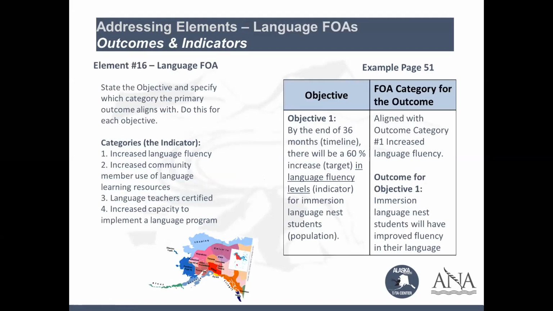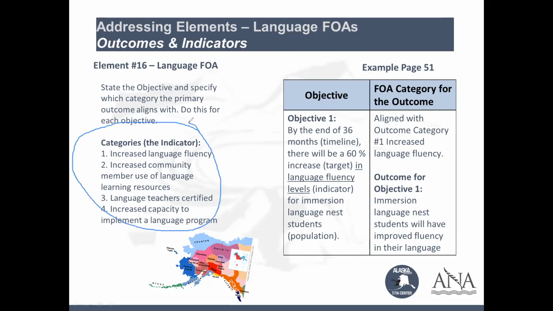Under this subcriteria of outcomes and indicators, there is an additional element to address. You'll need to state the objective and specify which category the primary outcome aligns with. And you'll need to do this for each objective. So remember, previously, we said that you needed to have at least one of these as an indicator.